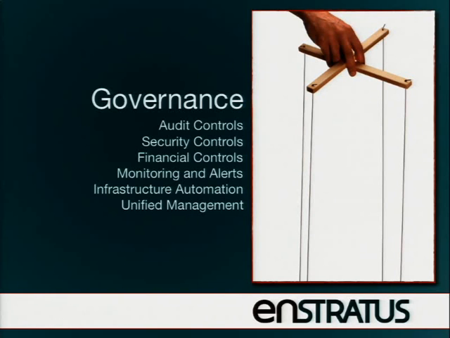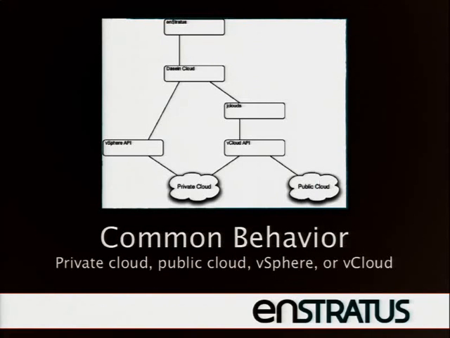So we're really worrying about the issue of when you're operating across multiple clouds, and generally that means a private cloud plus a public cloud, or even operating in just a public cloud by itself, how you retain control over that infrastructure. One of the key features of enStratus is this idea of cross-cloud operation and how we manage it.